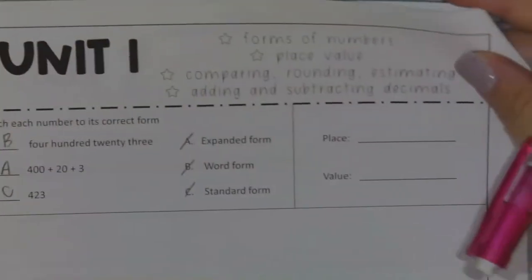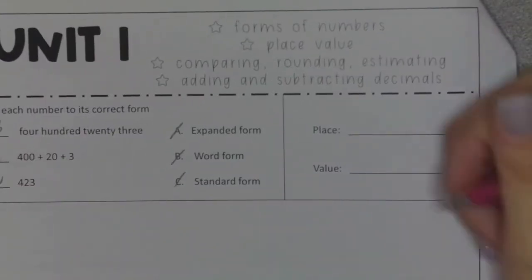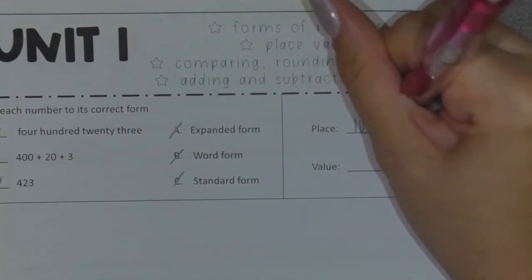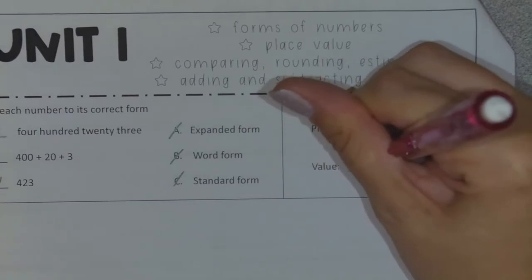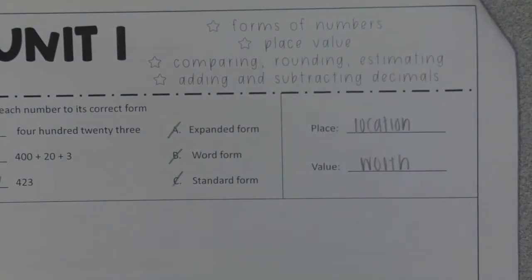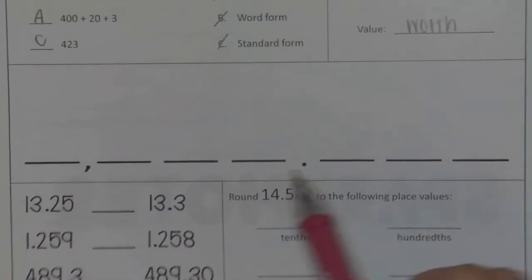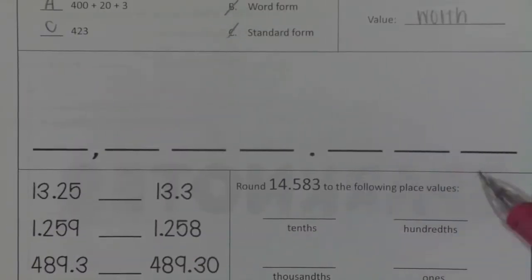And then we talked about the difference between place and value. We said a digit's place is the location and its value is what it's worth. So when we talk about place value, we're talking about what it is worth and where it is located. Then I gave us these blanks to fill in the place value title. I'm going to turn mine sideways so I've got some room.